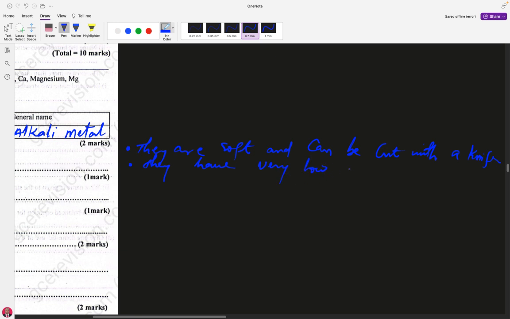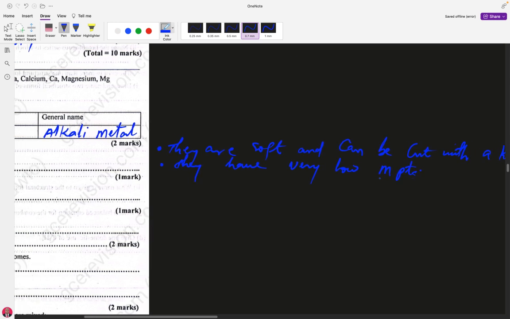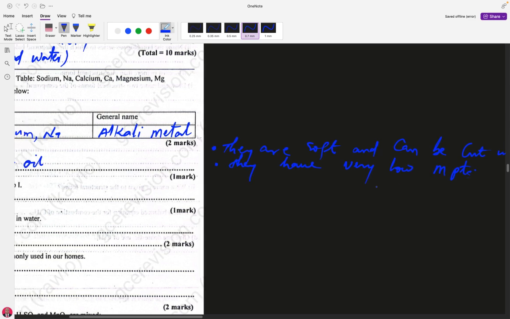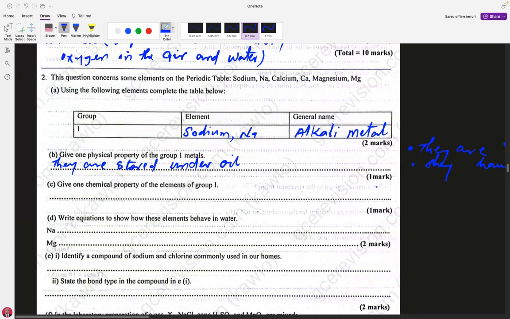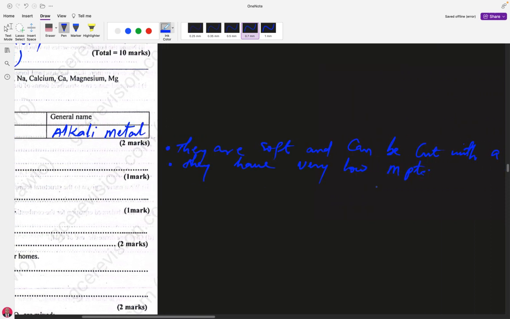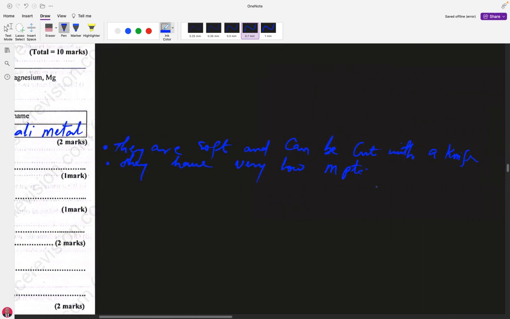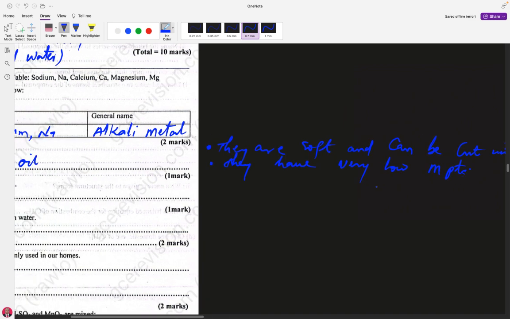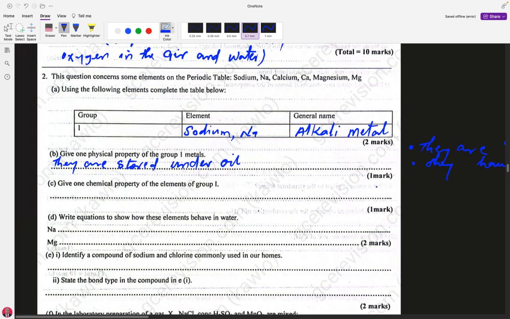So now, we have 3 properties that I've given you. You can choose between any of them. In the examination, you can say they are stored under oil, or they are soft and can be cut with a knife, or they have very low melting points. You could choose any of them and your answer is right.